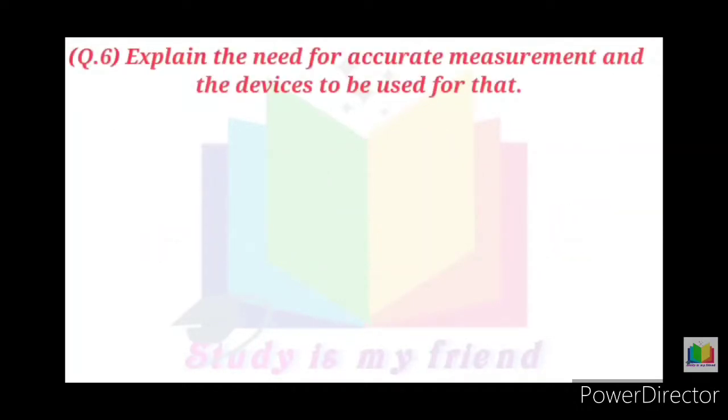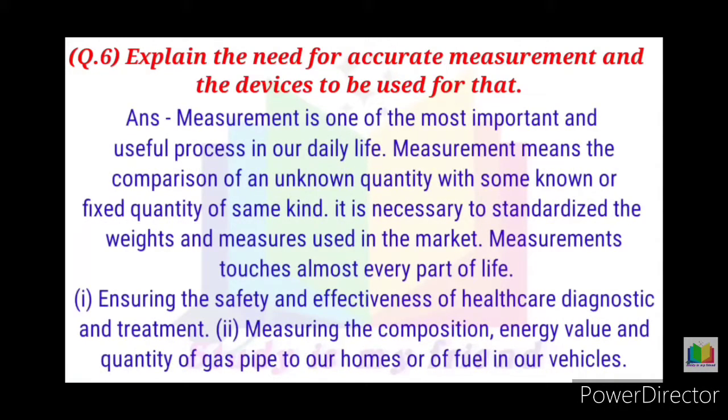Question 6. Explain the need of accurate measurements and devices to be used for that. Answer. Measurement is one of the most important and useful processes in our daily life. Measurement means the comparison of an unknown quantity with some known or fixed quantity of the same kind.